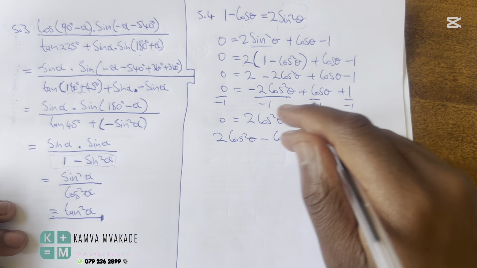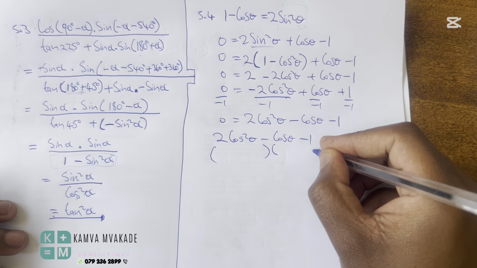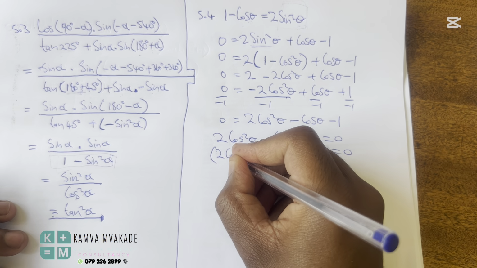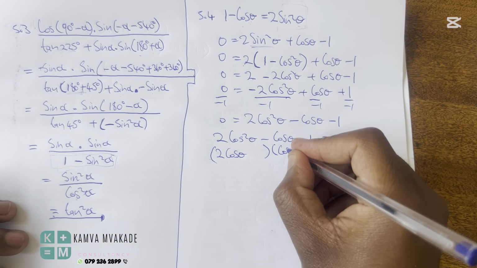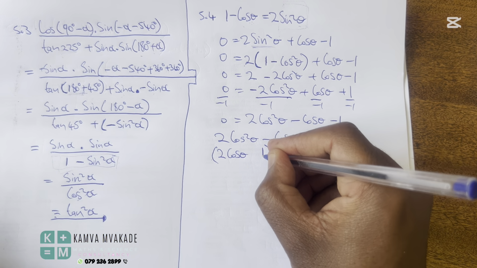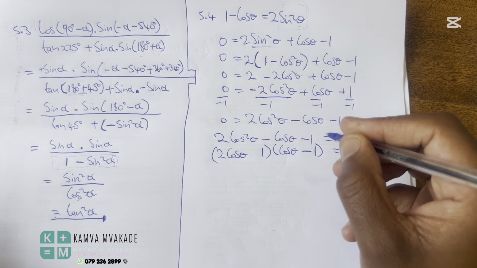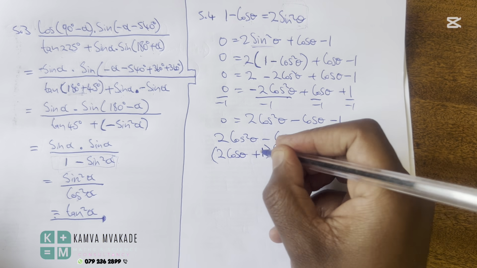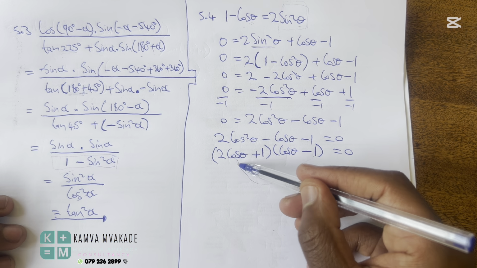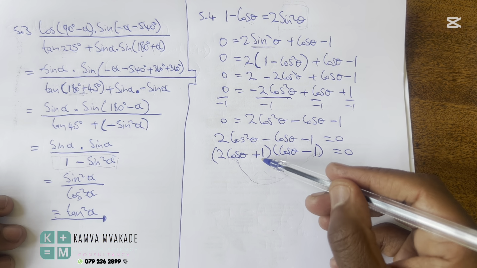Now doing this, this is what? This is a quadratic form. So we open 2 brackets, we factorize, we have 2 cos theta here, and we're going to have what? Cos theta. So the factors of 1 is just 1 and 1. So we are going to make this one negative, and this one positive. Why this one negative? Because 2 times that is going to be negative 2 cos theta.